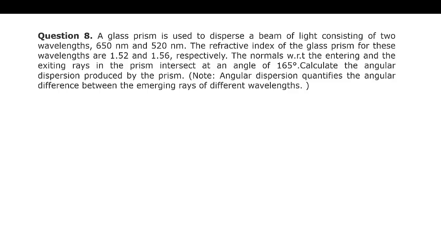Calculate the angular dispersion produced by the prism, and note that angular dispersion quantifies the angular difference between the emerging rays of different wavelengths. You need to understand this first. Angular difference. Could you try to solve it? Draw a prism, try to understand it.